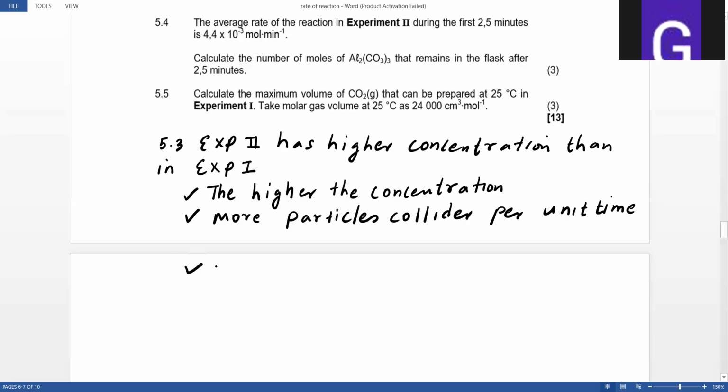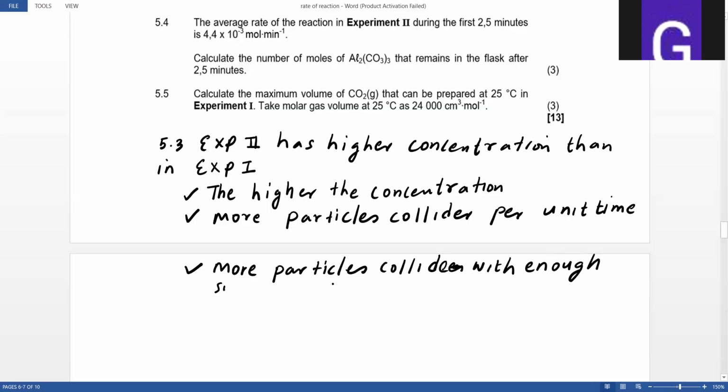Then what does this mean? It means more particles collide with enough, or we can say sufficient, kinetic energy, or even just energy.